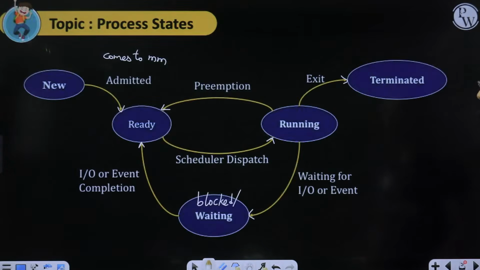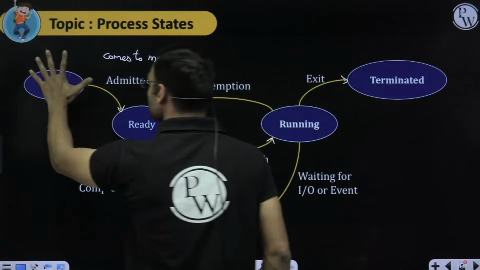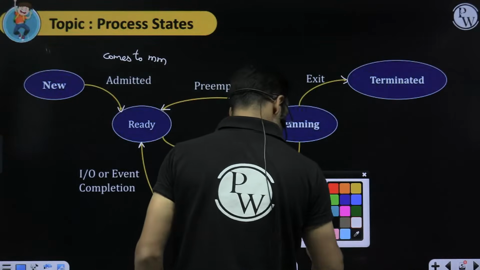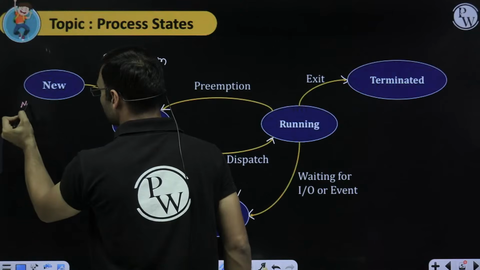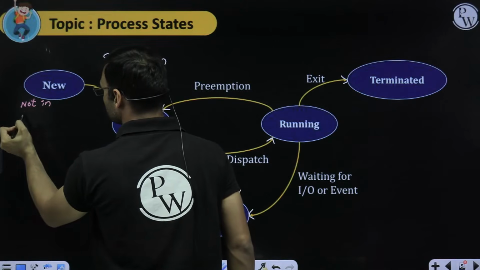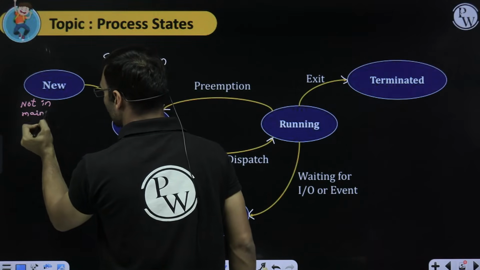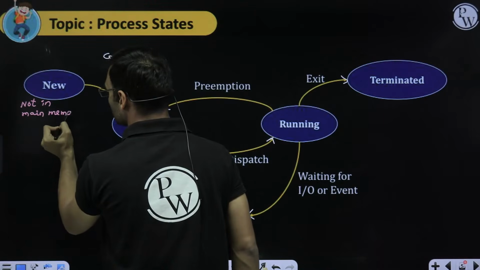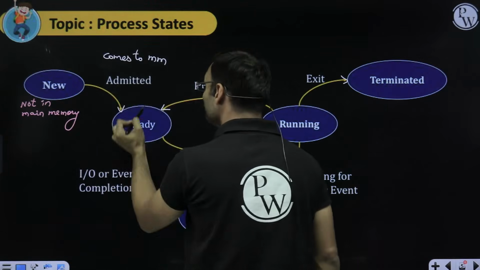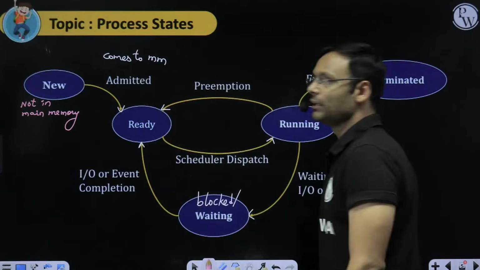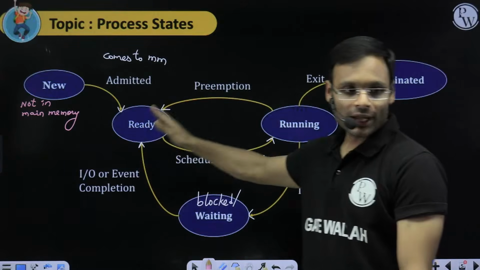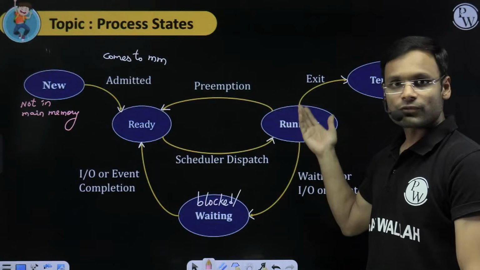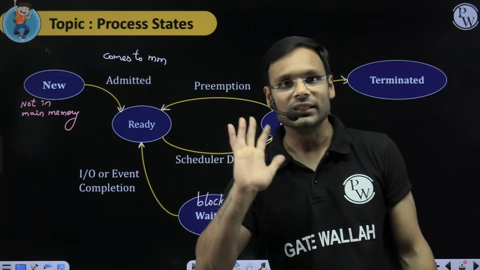Now look at this. When a process is in new state, the process will not be in main memory. Main memory means RAM. The process is not there in main memory for sure. When it is admitted, then it comes to main memory. When it goes for IO, when it goes for running, still the process is there in main memory.